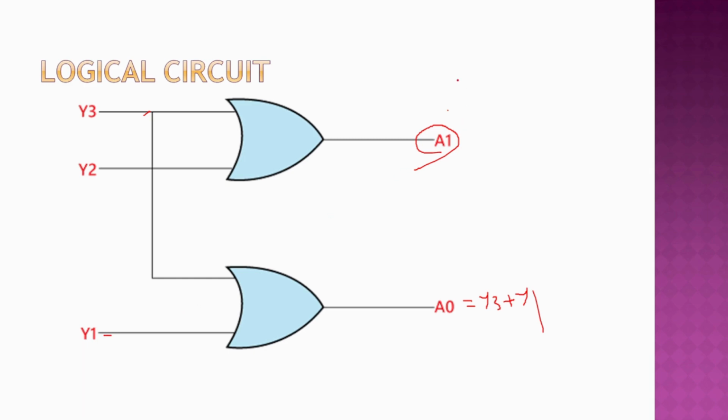This is the logical circuit for the 4 by 2 encoder.